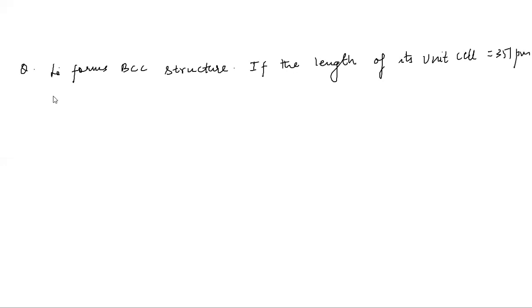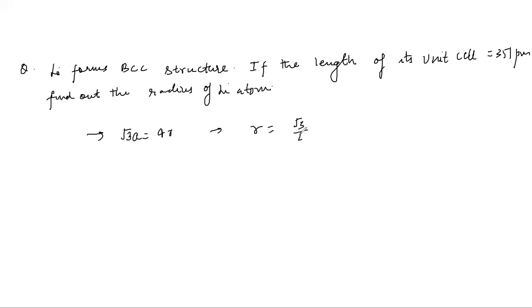We are supposed to find out the radius of the lithium atom. It's very easy. We know that in case of BCC, root 3 a is equal to 4r. So r is root 3 by 4 times a. So we have to calculate root 3 into 351 upon 4. That is our answer in picometer.